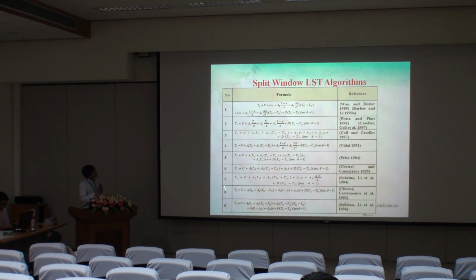From these different equations, from different algorithms for land surface temperature retrieval, you can find out the land surface emissivity is a very important parameter in the algorithm. Another one is the atmosphere profile. It is not needed, but the algorithms need some kind of atmosphere parameter, for example, the atmosphere total water vapor content. So anyway, we have different kinds of algorithms.